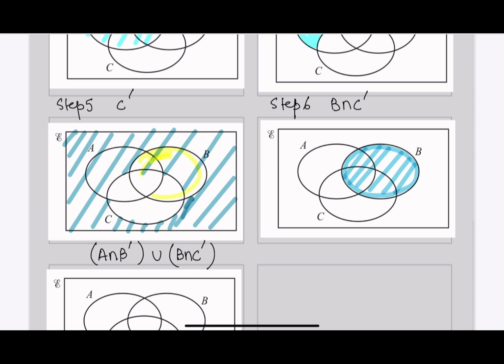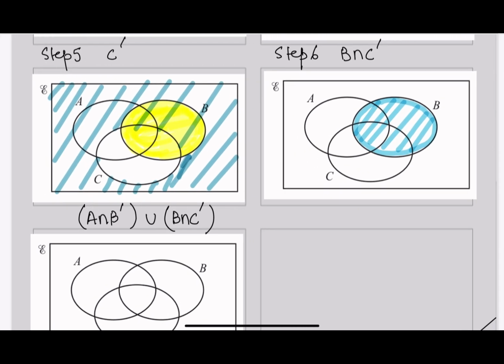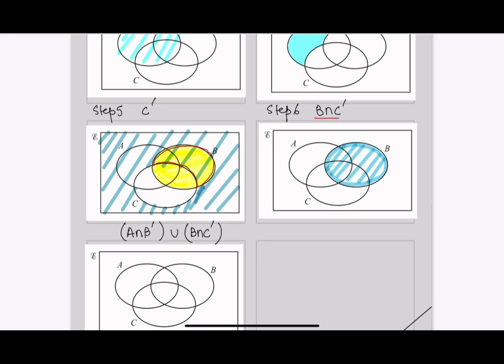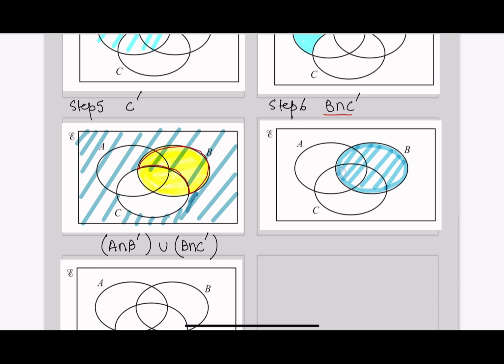I am shading B now to give you a clear picture of what I mean when I say overlapping. This is B. Now can you see that this region here is the only common area where both the shadings were overlapping each other. So that is B intersection C complement. So when I shade whole B, I'll erase this and shade this region only. That's it.